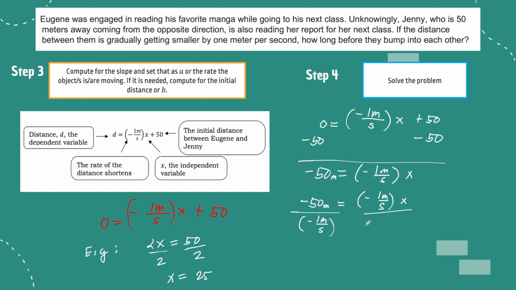Tapos, divide mo din ng negative 1 meter per second, and then you still have your x. Pag dinivide mo to, negative 50 meters times, di ba, pag nagdi-divide ng whole number sa fraction, magiging inverse niya. So, magiging negative s over 1 meter. Pwede naman negative din sa baba.